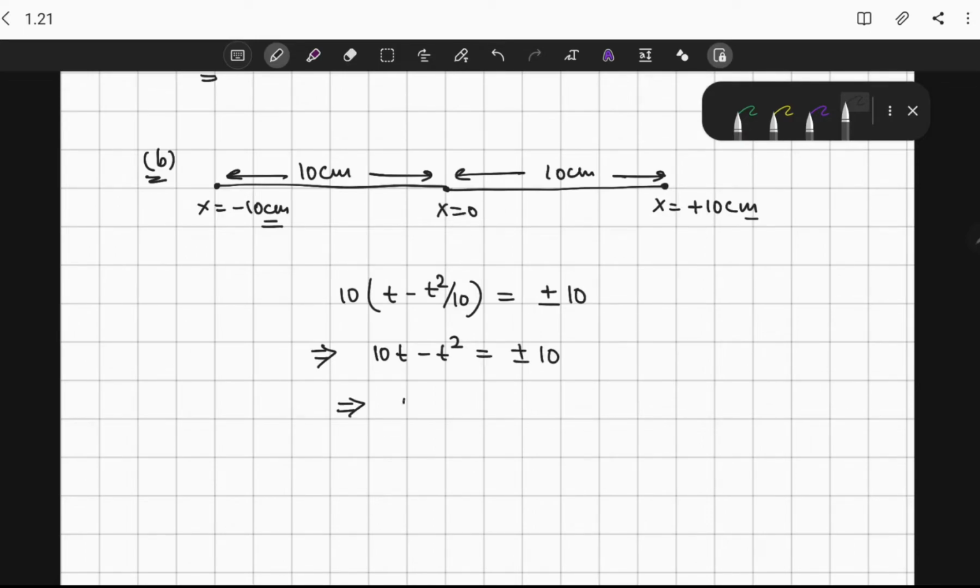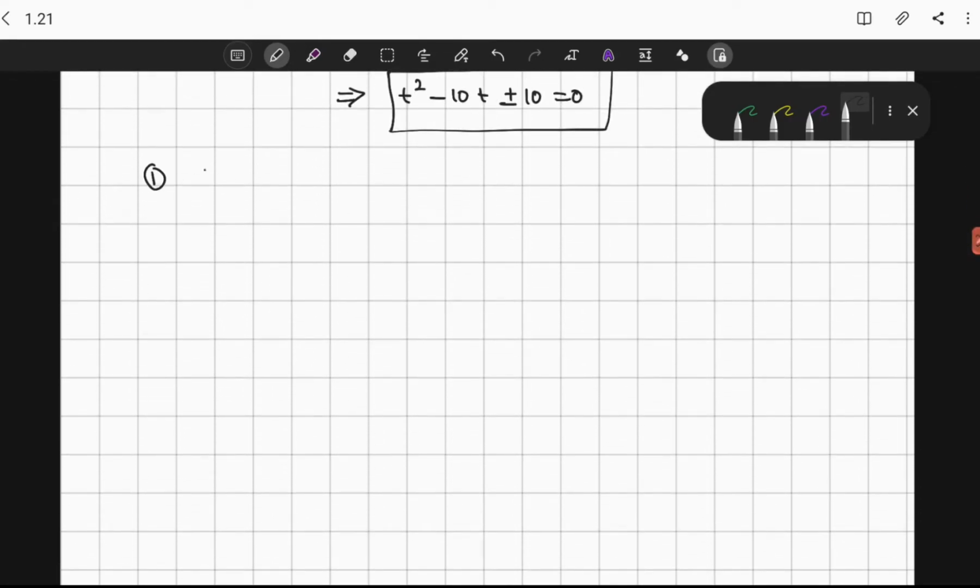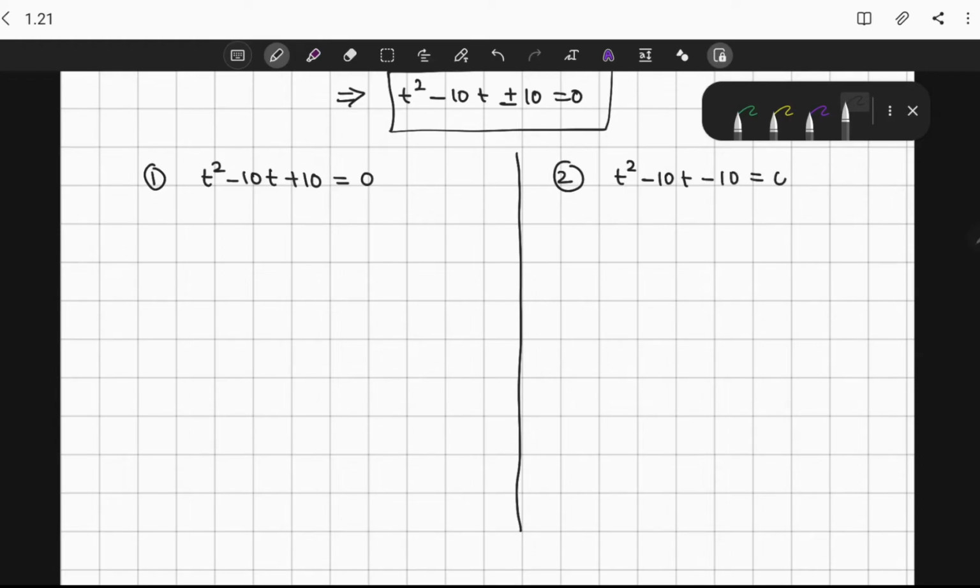Then we can write t square minus 10t plus minus 10 is equal to 0. So here we have two quadratic equations. One quadratic equation is t square minus 10t plus 10 is equal to 0, and another quadratic equation is t square minus 10t minus 10 is equal to 0.